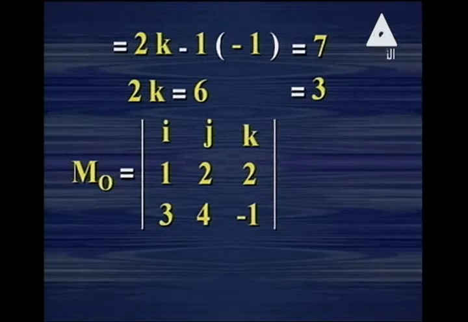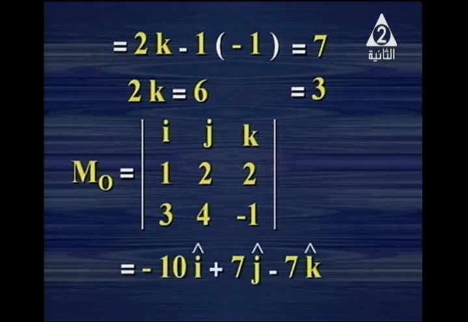The third row is the coefficients of the force: 3, 4, negative 1. By using the determinant, we find the moment at the origin point O equals what? Negative 10i plus 7j minus 7k.